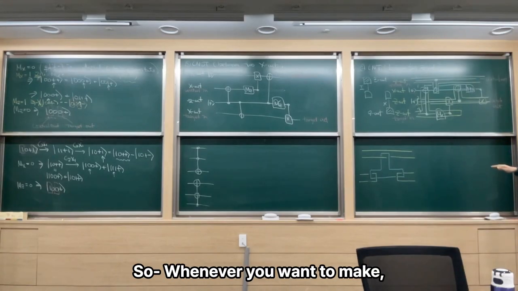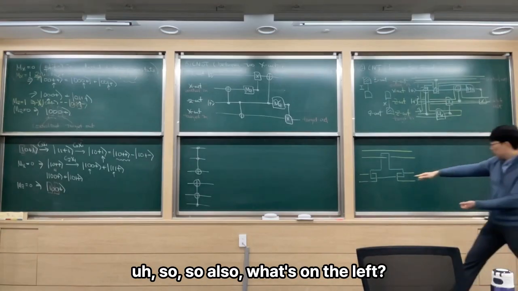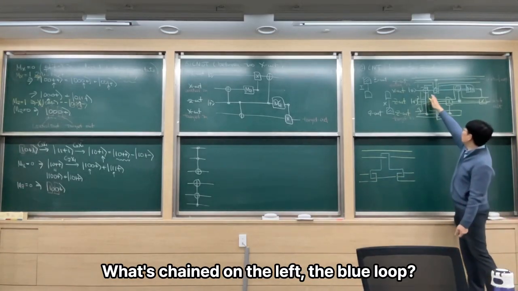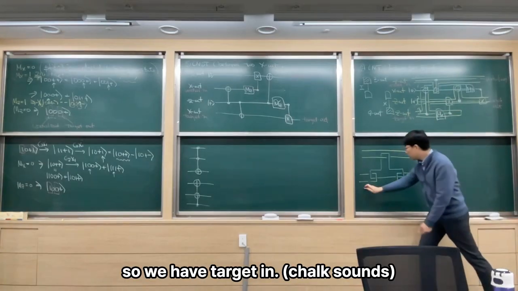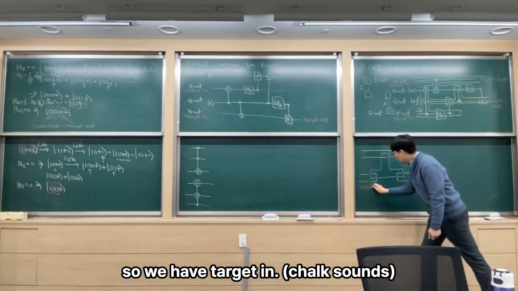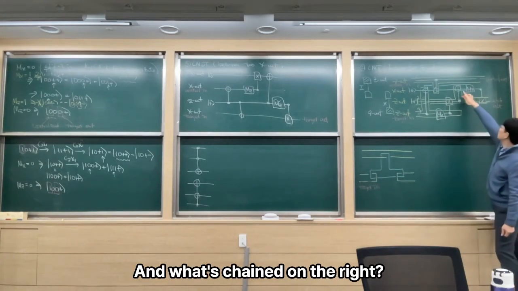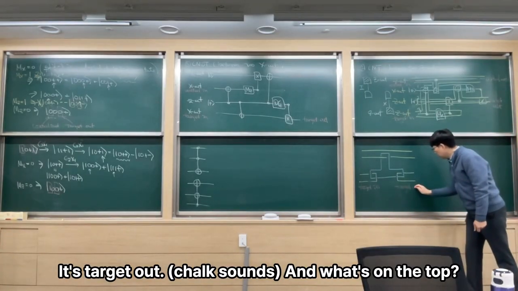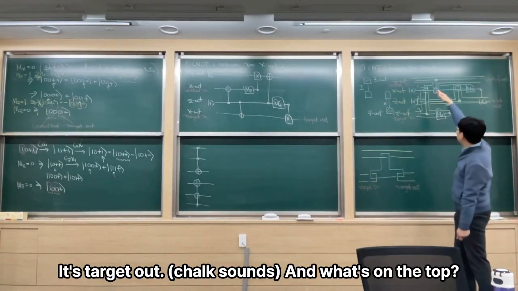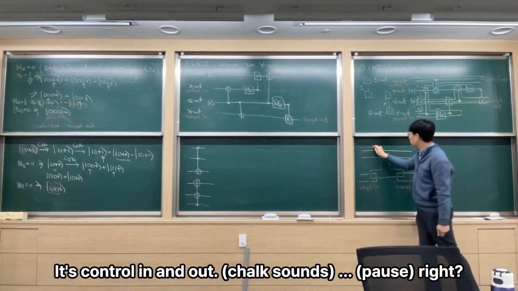So what's chained on the left? The blue loop. It's the target in. And what's chained on the right? It's the target out. And what's on the top? It's the control in and out.